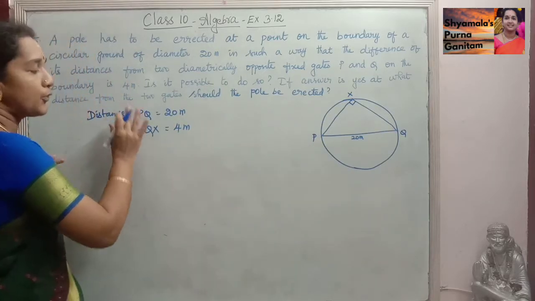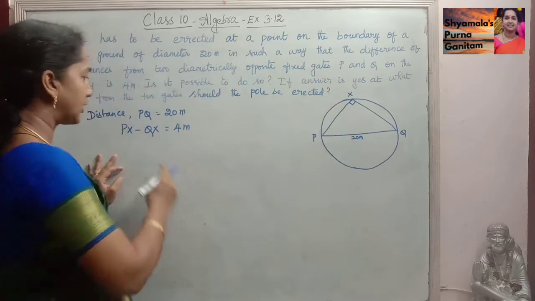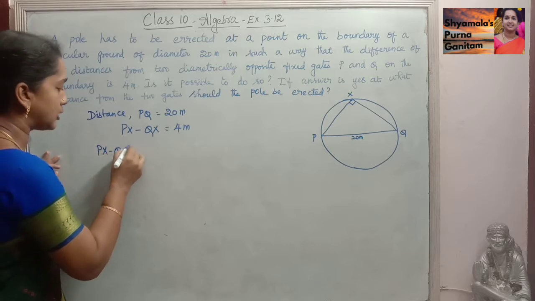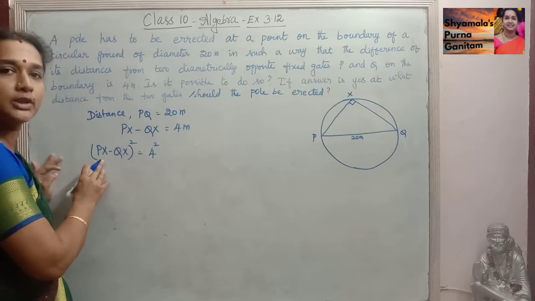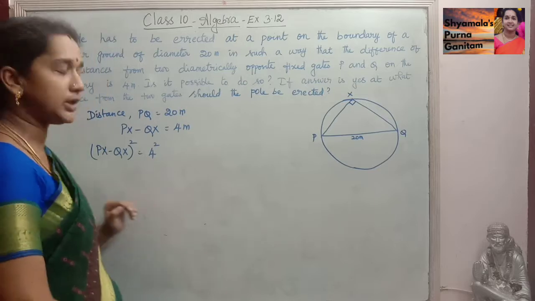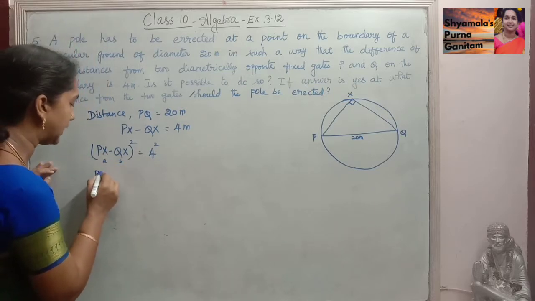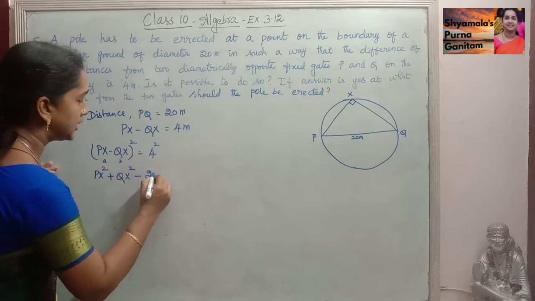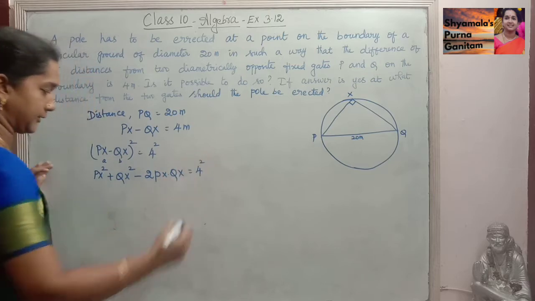For finding the values of Px and Qx, we will first square this. Px minus Qx, the whole square, is equal to 4 square. We know that a minus b, the whole square, is a square plus b square minus 2ab. Keeping Px as a and Qx as b, we get Px square plus Qx square minus 2 Px into Qx is equal to 4 square.